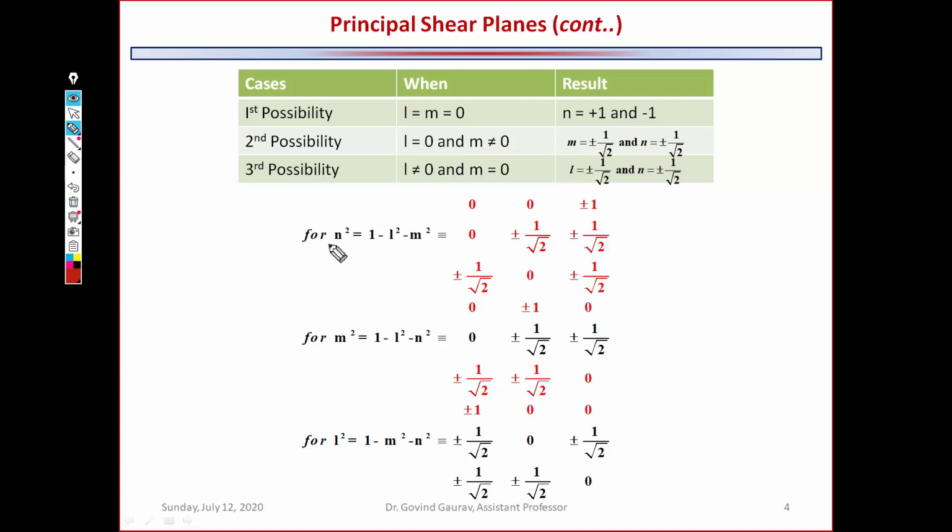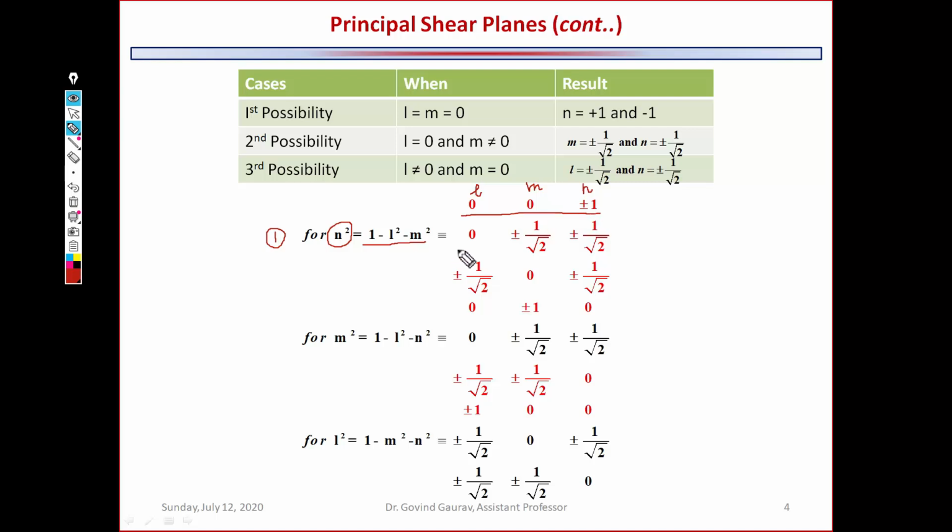So if we substitute the values of N square is equal to 1 minus L square minus M square, we will get the different values of L, M and N. These are the values of L, M and N. In the first case, we will get the values of L, M and N as 0, 0 and plus minus 1.